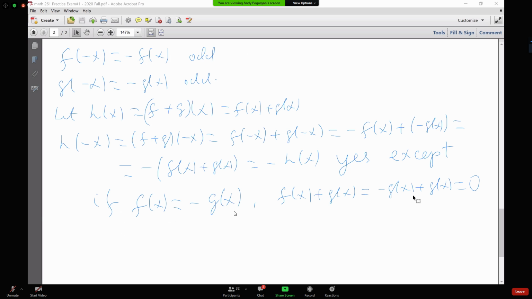Both of them are odd functions. Let's say f of x equals x cubed, and g of x equals negative x cubed. Both of them are odd functions, but the sum is 0, which is even.